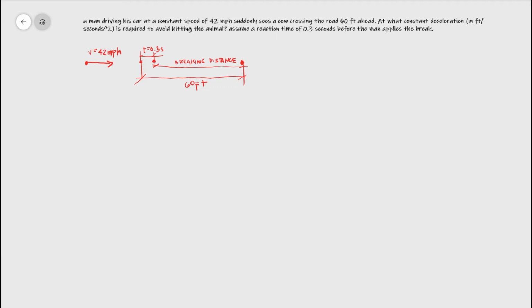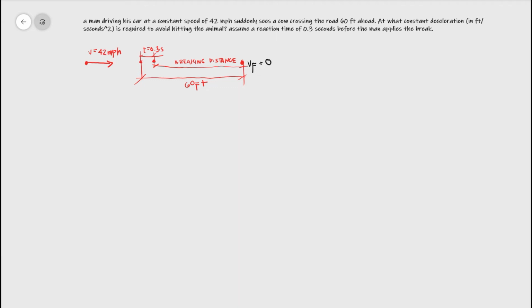Since he's braking, for the driver to avoid hitting the animal, the final velocity is equal to 0. This is the point where he starts hitting the brake because of the reaction time.